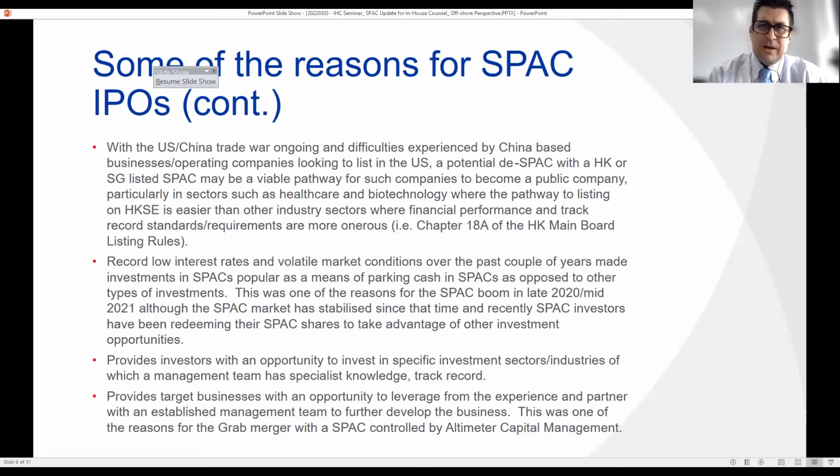In terms of new IPOs, what we are seeing is a trend away from US listings for a number of Chinese companies who are very keen to explore a pathway to listing on the Hong Kong exchange.